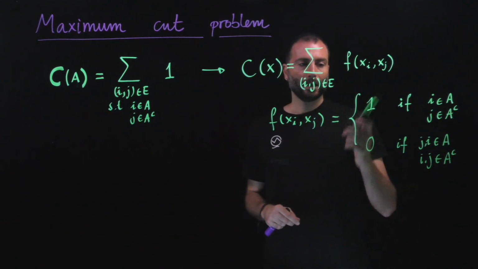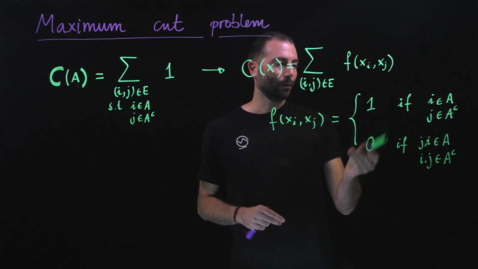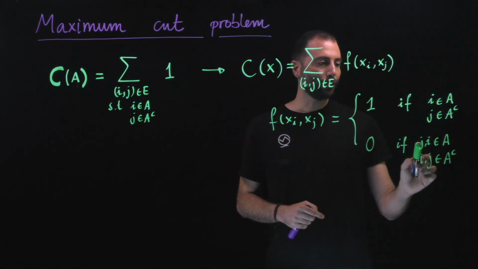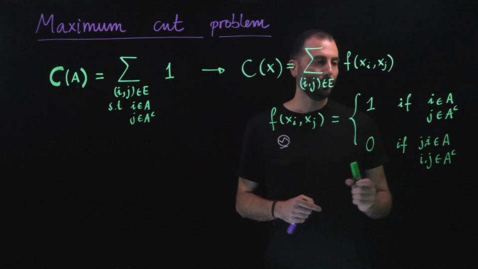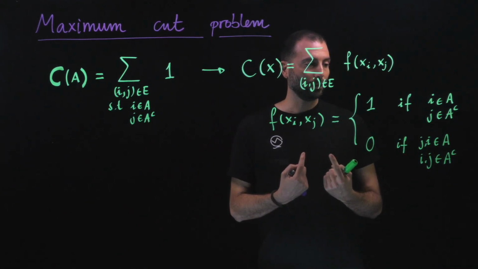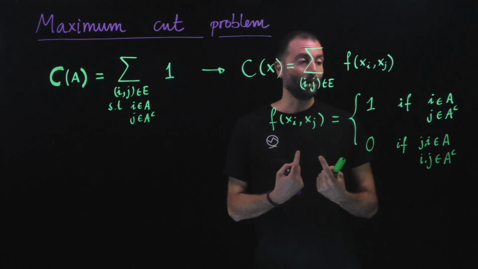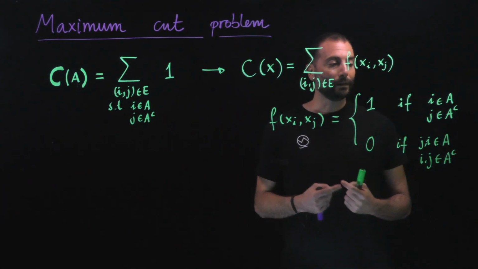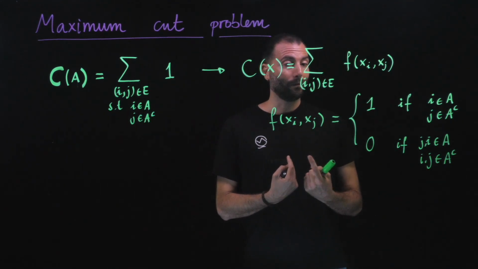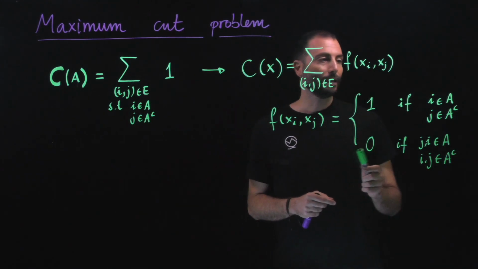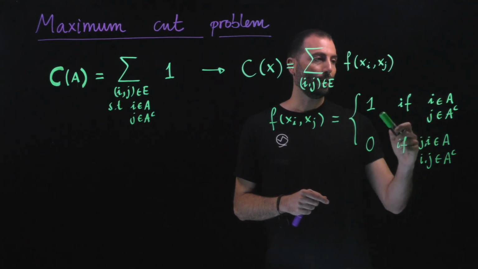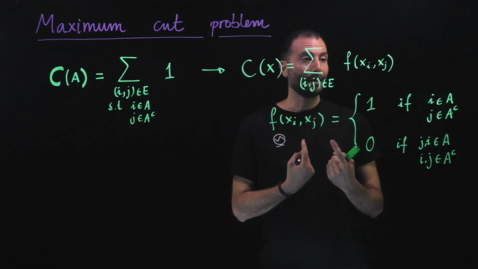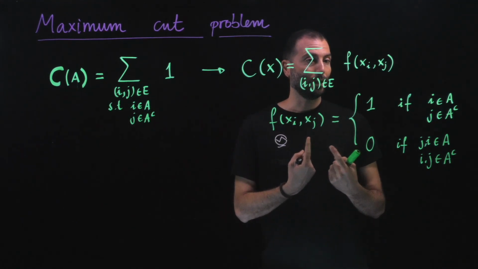So notice that there is a very simple function that will have this property, right? Because we know that if I and J belong to A, it will mean that both xi and xj will have value 1. If I and J belong to A complementary, both will have value 0. But in contrast, if I belongs to A and J belongs to A complementary, or the other way around, the difference will always be nonzero.